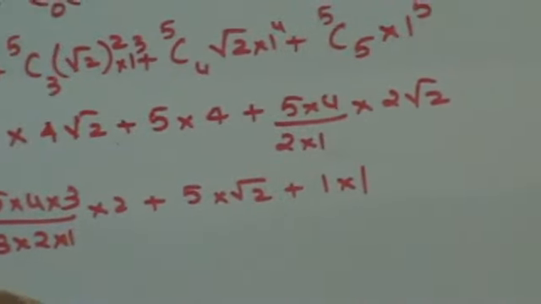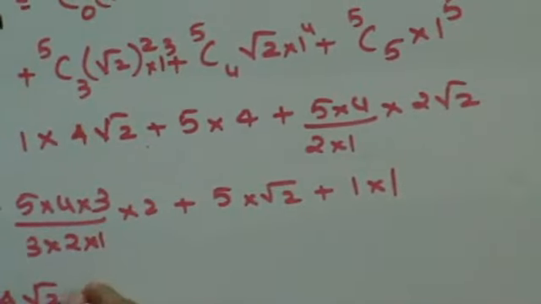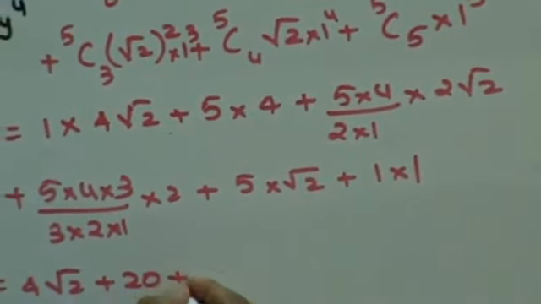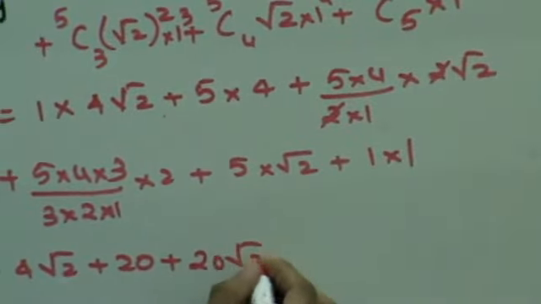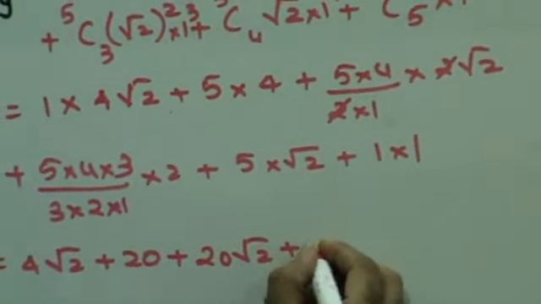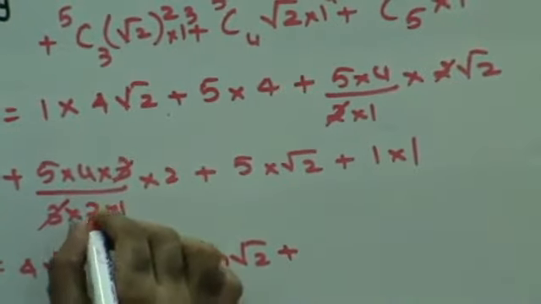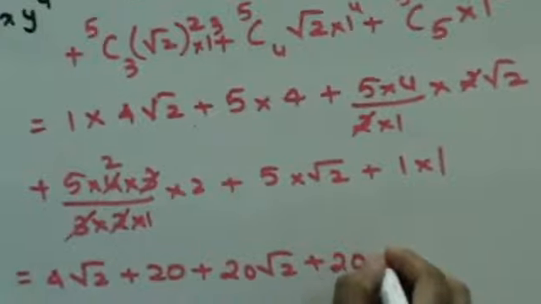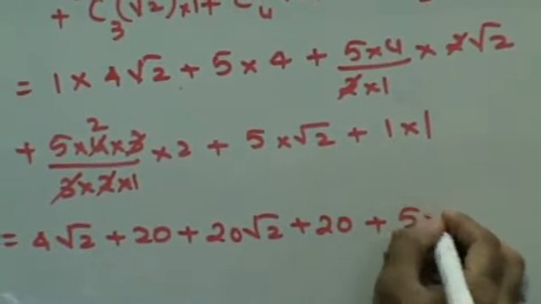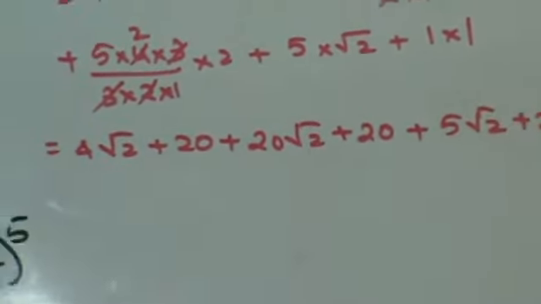Right? So this is going to be 4 root 2 plus 20 plus 20 root 2 plus 20 plus 5 root 2 plus 2.